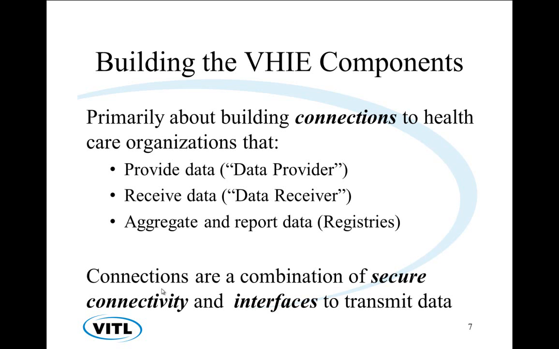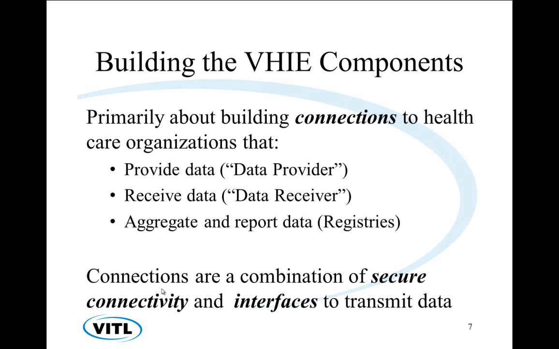And these connections, when we make them, are basically a combination of secure connectivity and interfaces to transmit the data. So obviously we need a secure channel or tunnel so that we're securely sending patient information. And then the interfaces, you can think of interfaces as export utilities from EHR systems.